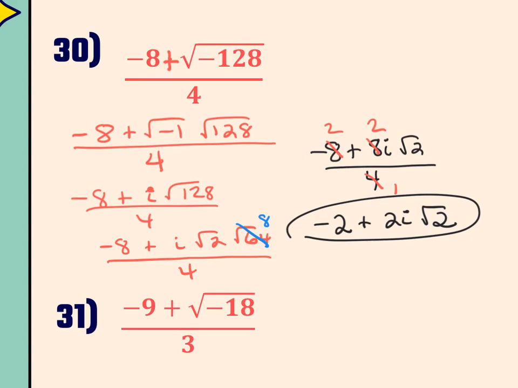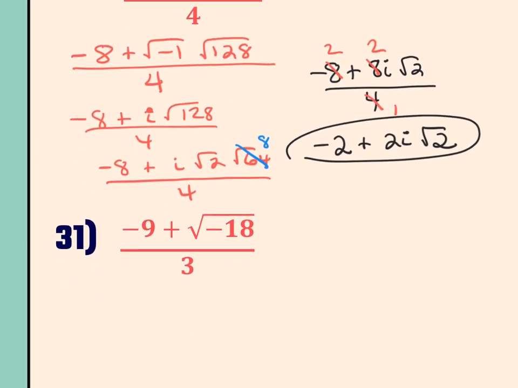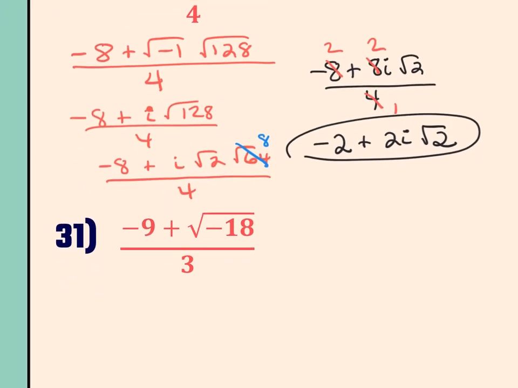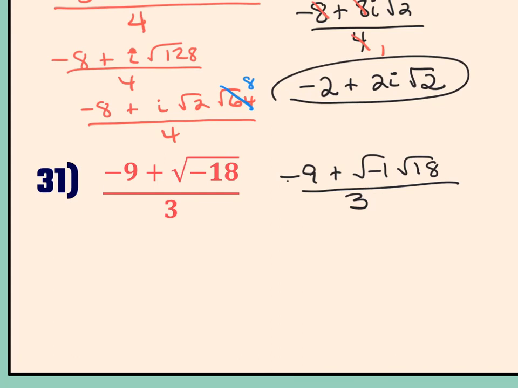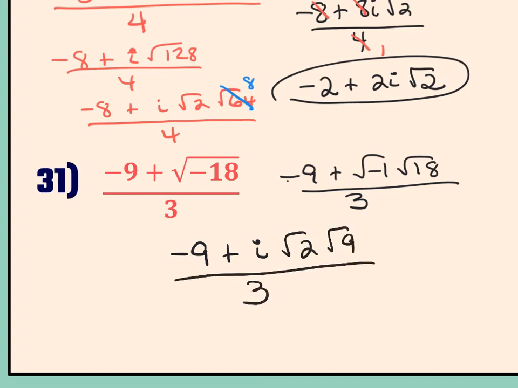Let's try the negative 18. We got to break it down. So negative 9 plus negative 1 times positive 18. I need to break down the 18. I'm going to make it 2 times 9. I can square root the 9, make it a 3.